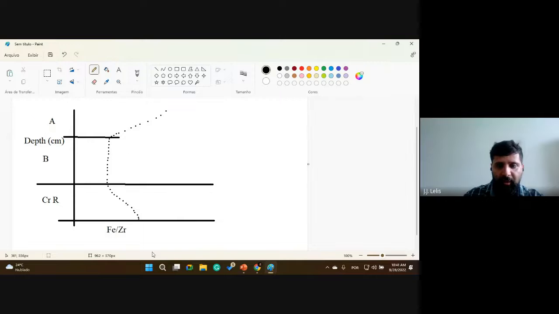As we can see in this picture, the B horizon is iron depleted. If I compare this chemical composition with the surface horizon and with the subsurface horizon, the parent material, this horizon suffered glaciation in the past, okay?